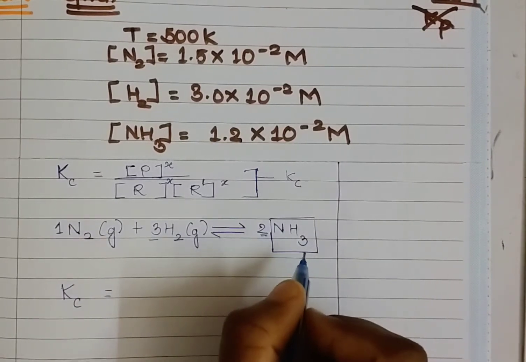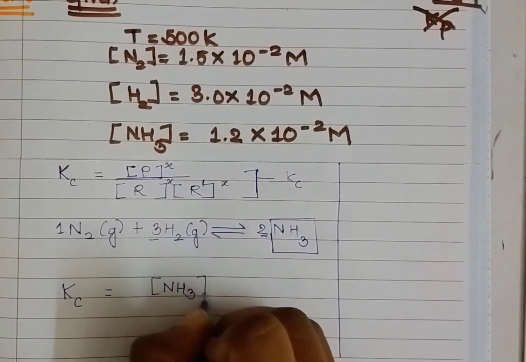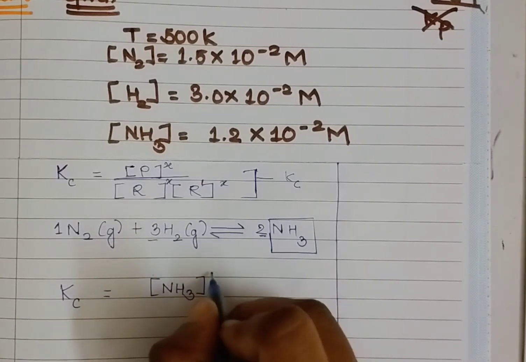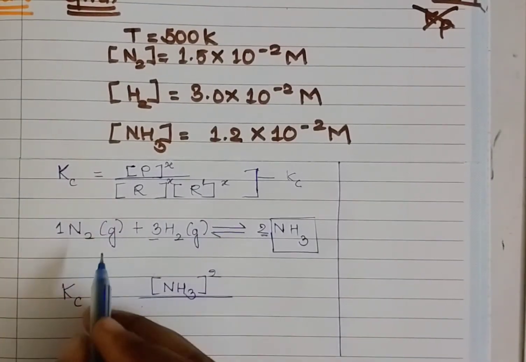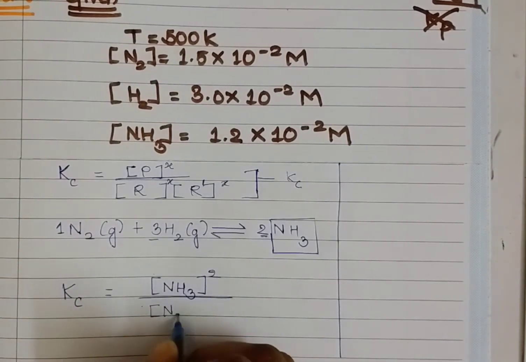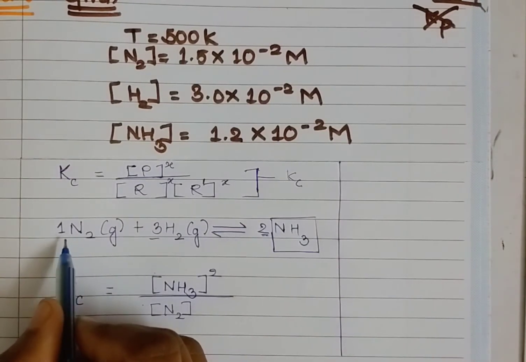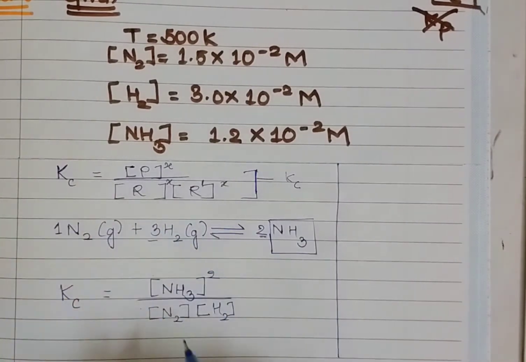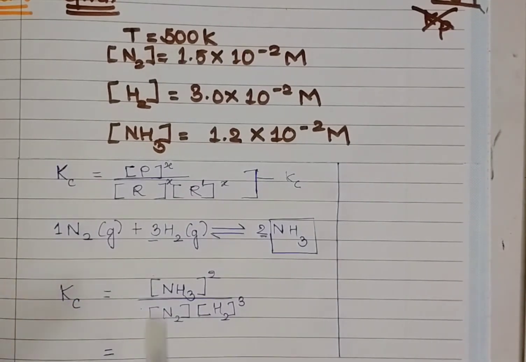Here only one product has been formed, so we will write the concentration of NH3, and the stoichiometric coefficient of NH3 is, yes, 2. Divided by the concentration of the two reactants, N2 and H2. We don't need to write the power 1 because it doesn't change the value. And we will use H2, and the stoichiometric coefficient of H2 is 3. Yes, very good.